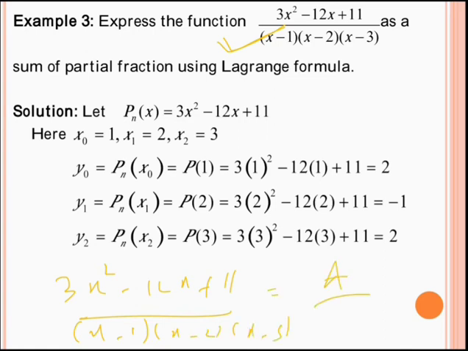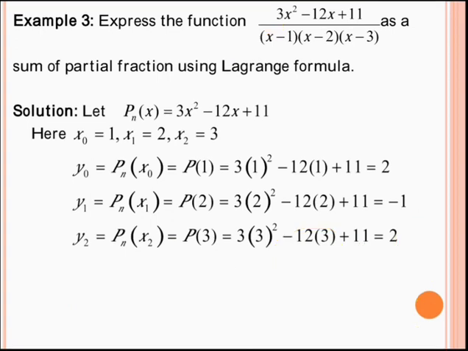If I can express this term as a upon x minus 1 plus b upon x minus 2 plus c upon x minus 3.